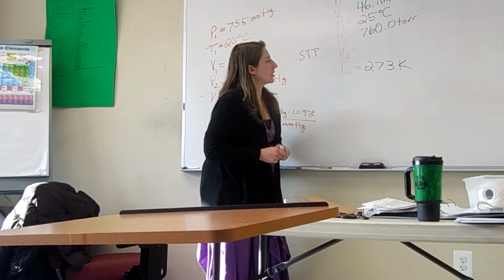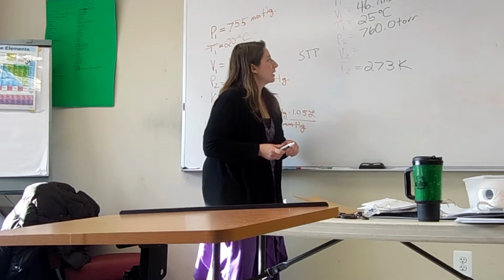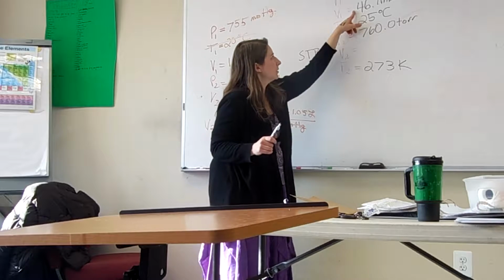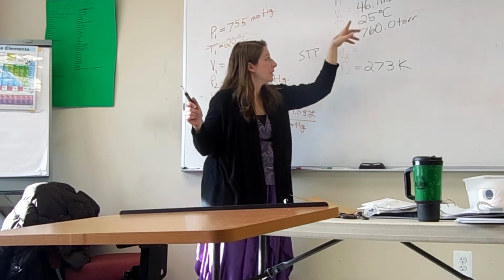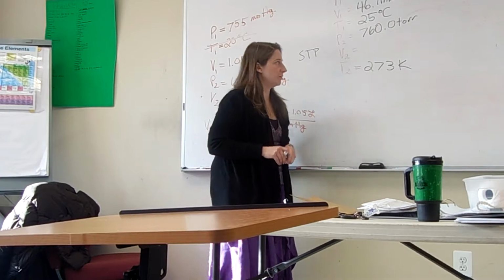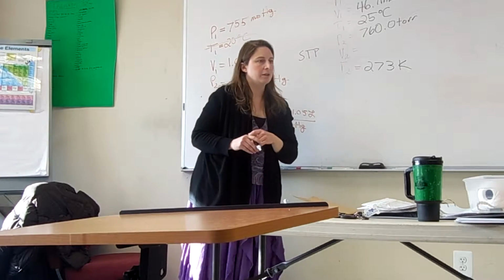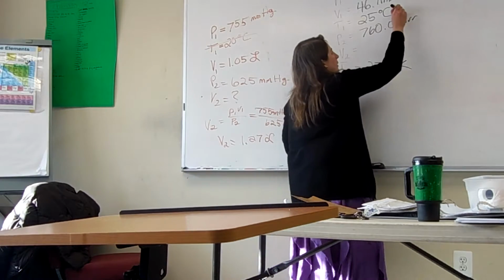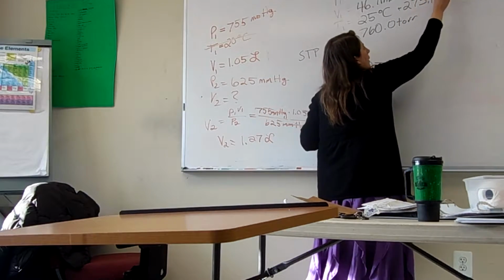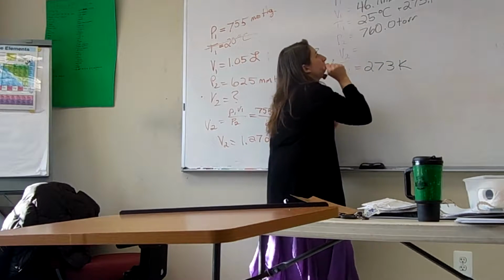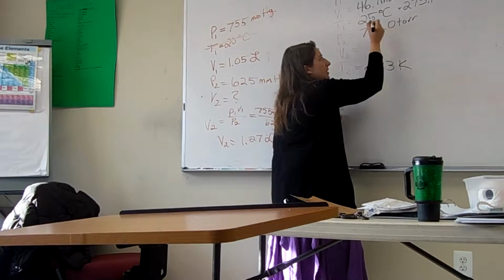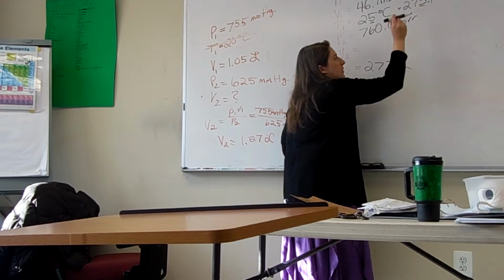Okay, so now let's think about our units, Jolene. We've got pressure in torr, that's good. Milliliters is fine for volume, but all gas laws have to be in what? Kelvin. So how do we convert to Kelvin? Plus 273.15. And when you do this, if 25 is significant to the ones place, you can only keep to the ones place.